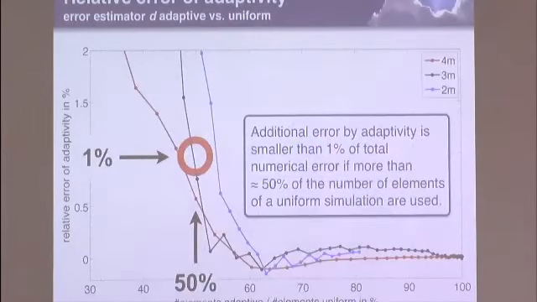So, as a result, I write: the additional error by adaptivity is smaller than 1% of the total numerical error if more than about 50% of the number of elements of the uniform simulation are used. That's my answer for the second question.